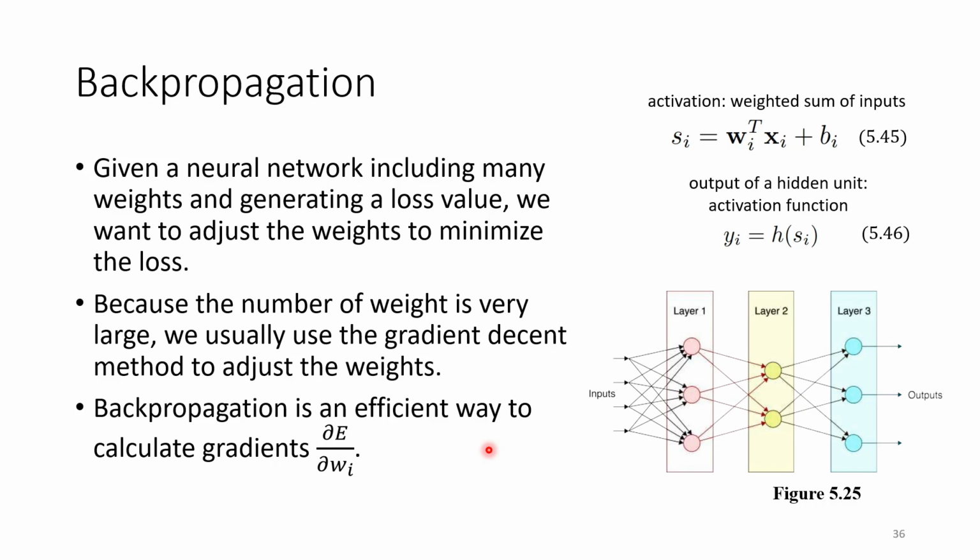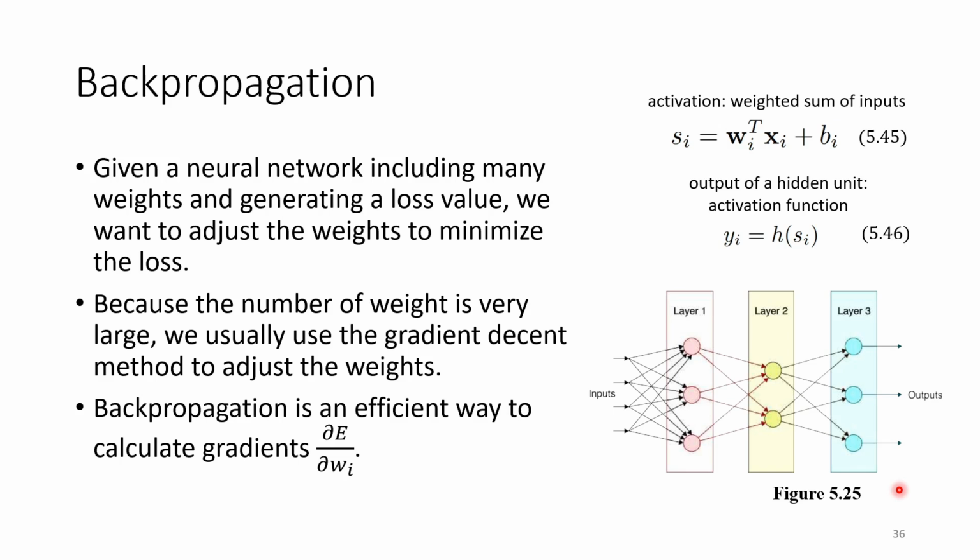Currently, the most important method is backpropagation. So what is the concept of backpropagation? This is the forward process. Given the input, we have a layer, another layer, and several layers. Finally, we generate the output.